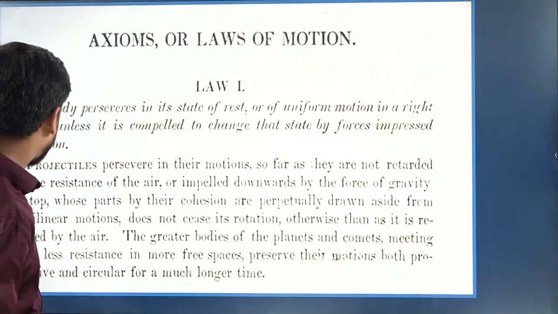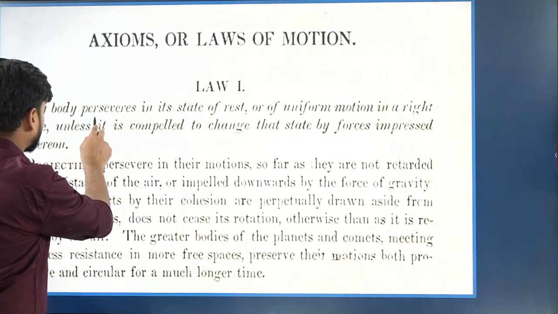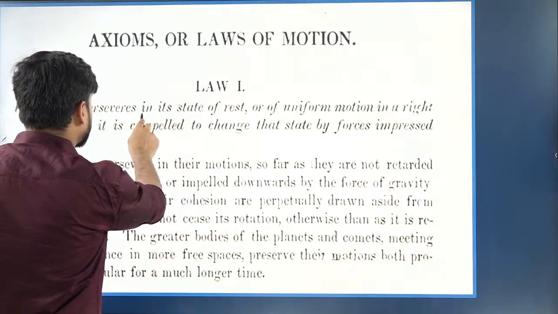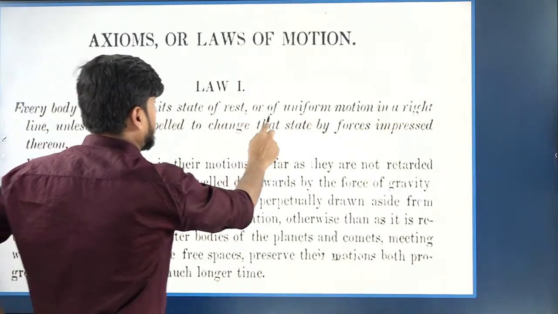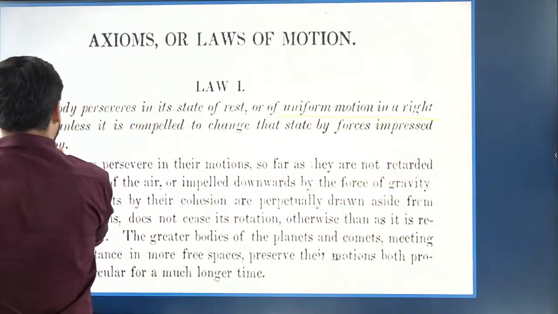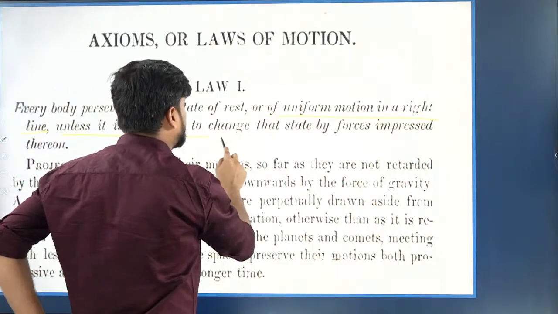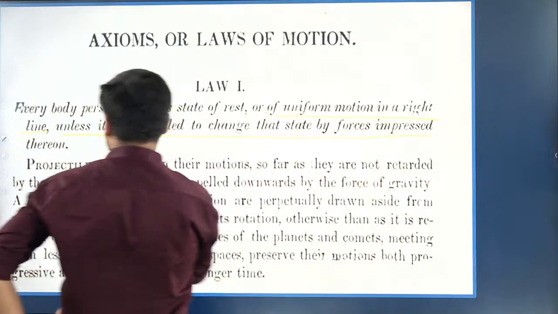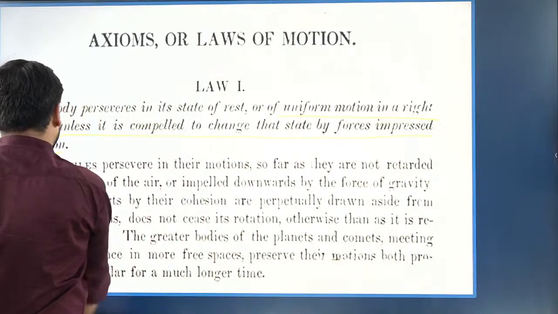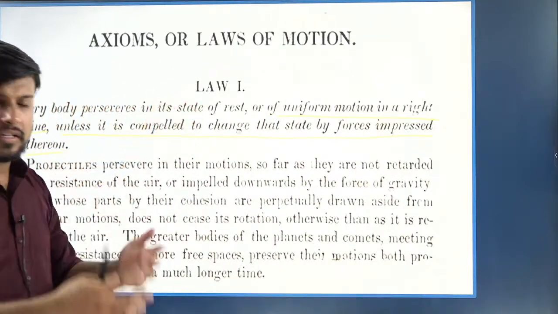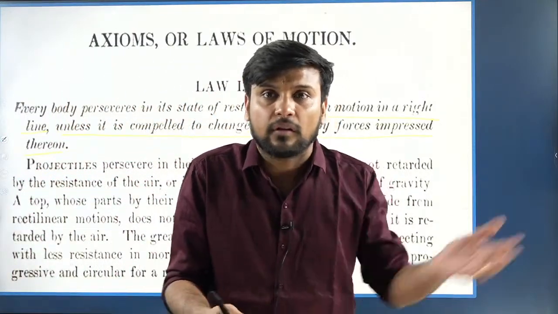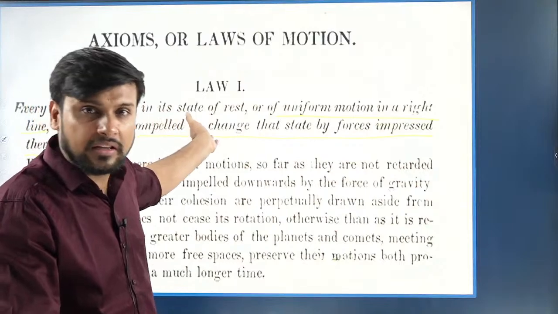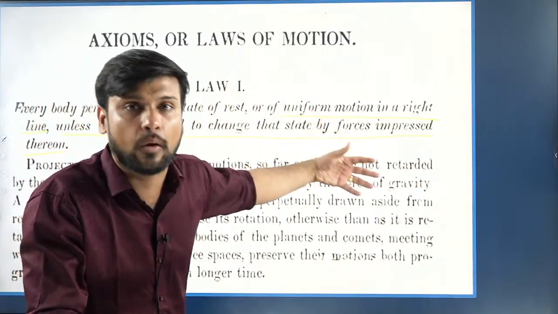Every body preserves in its state of rest or of uniform motion in a straight line unless it is compelled to change that state by an impressed force. That's the same statement. It's in slightly tough language, right? What I have explained, they have written the same thing in slightly difficult language.